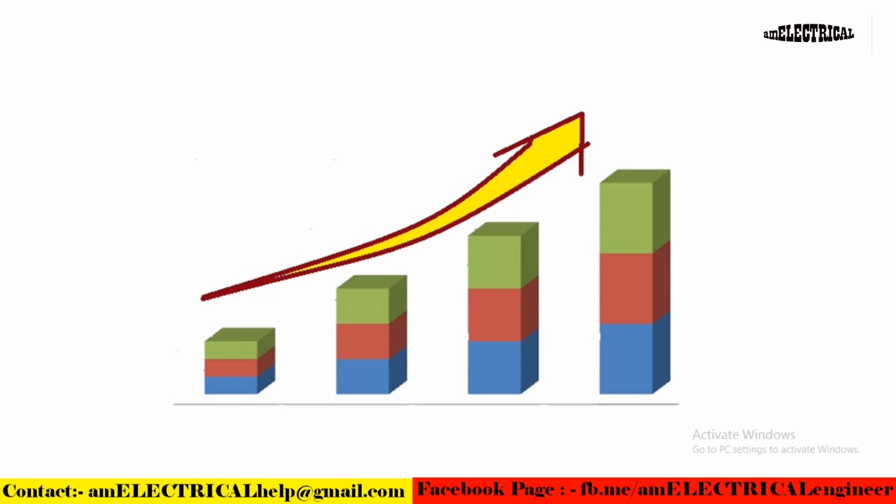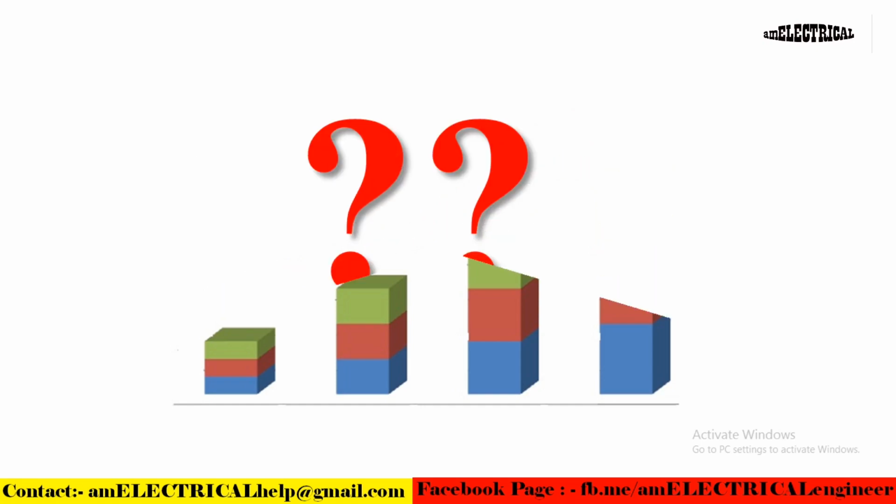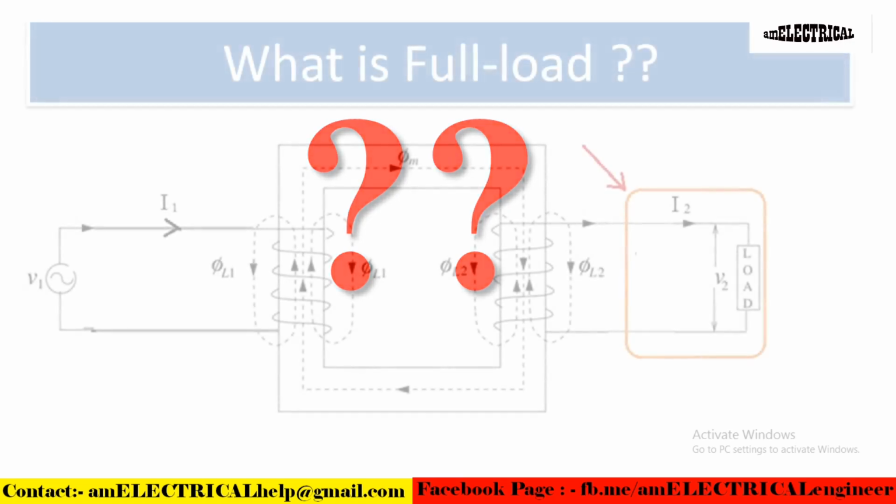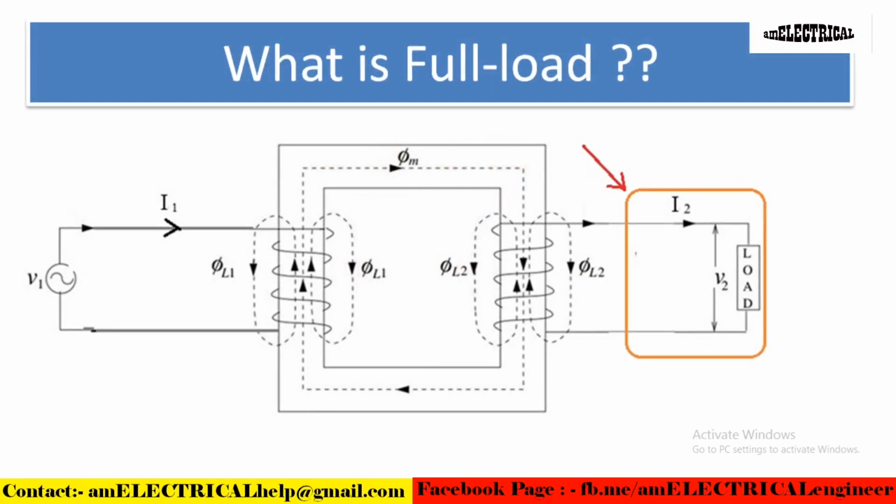Before going into the depth of the phasor diagram, first we have to know what full load and no load condition are. If the secondary winding is connected with some load, then it is called loaded condition. If the load connected is 50% of its capacity, then it is called half loaded condition.